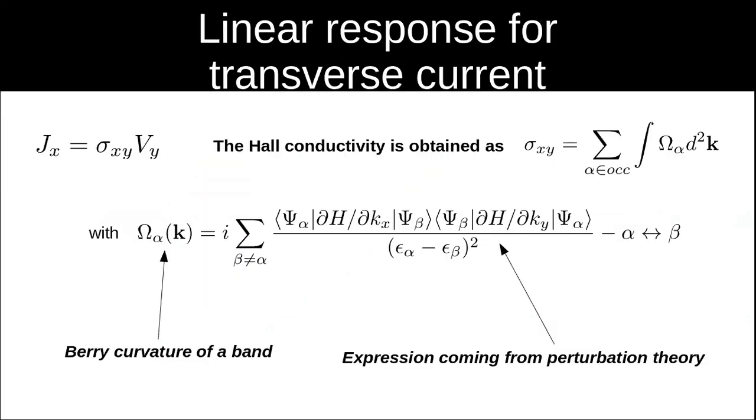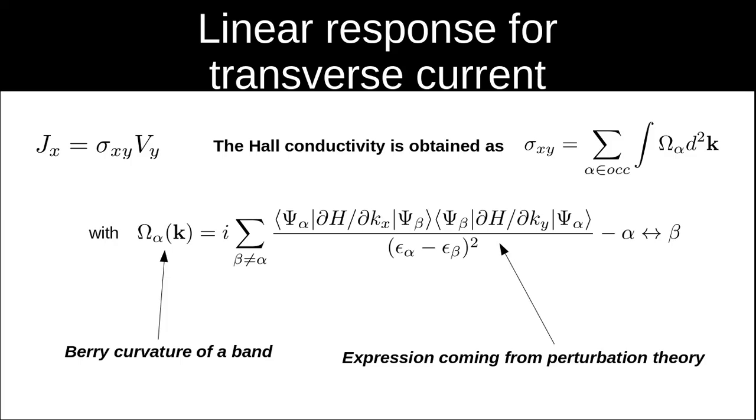Now, if you just directly apply the formula for perturbation theory that we saw previously in the definition of, let's say, the Hall conductivity, you automatically get this expression that you see here. This expression, of course, can look a little bit complex, but you can very easily recognize the 1 over epsilon alpha minus epsilon beta that comes from the expansion of the wave functions.